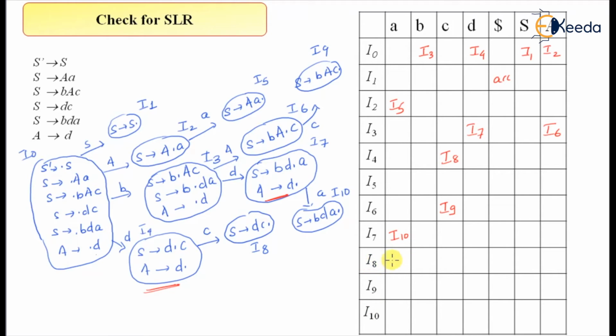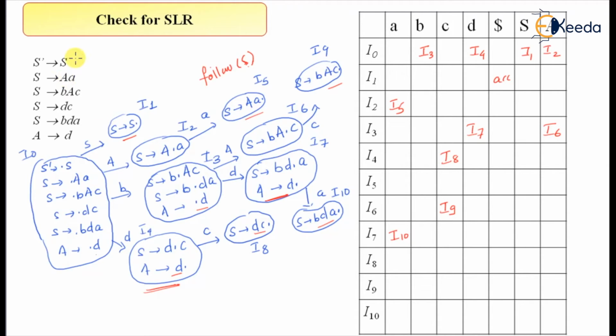Now we are left with the reduction entries. Where are the reductions present? Here, here, here, and here; quite a few reductions. I1 you can leave. For I5, S derives capital A small a dot, we will as usual calculate the follow symbol, that is Follow of S, and Follow of S is dollar.